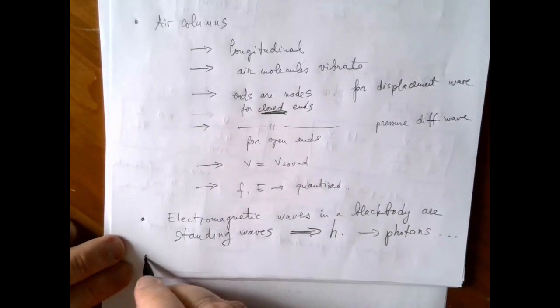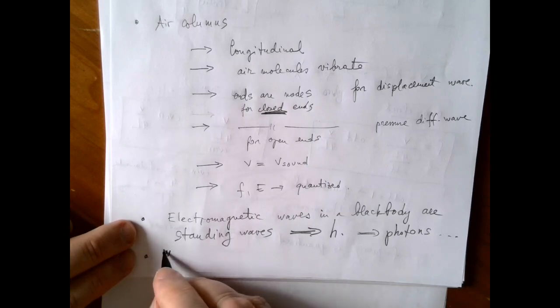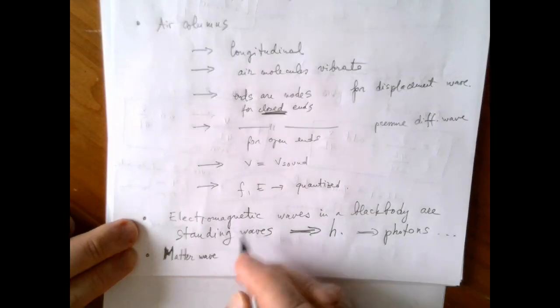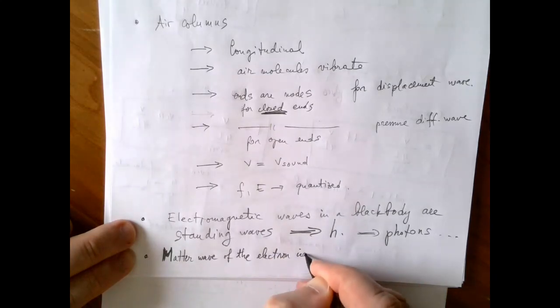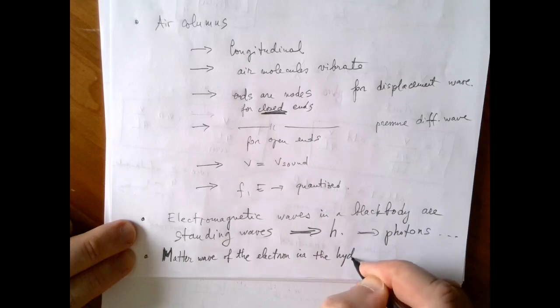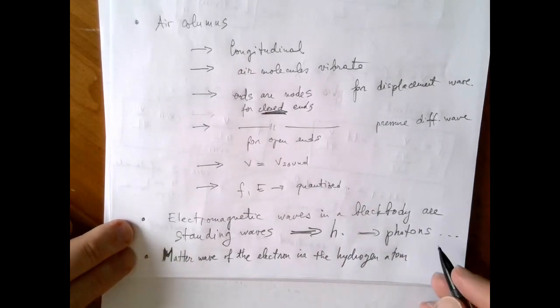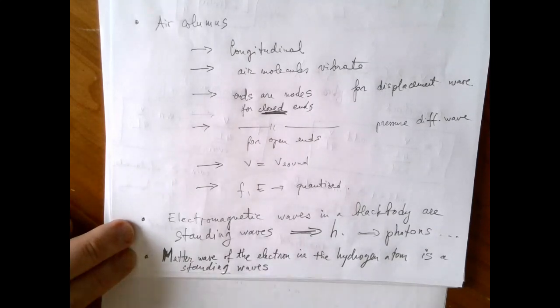And then we have the wave associated with the electron in the Bohr atom. So the matter wave of the electron in the hydrogen atom is a standing wave as well, and that will have some important consequences.